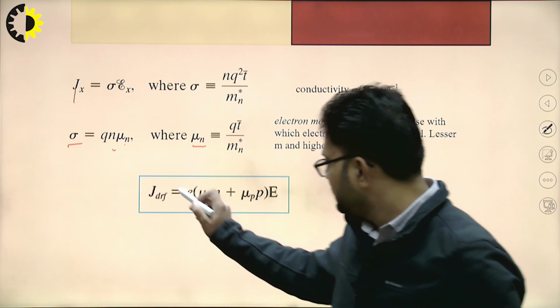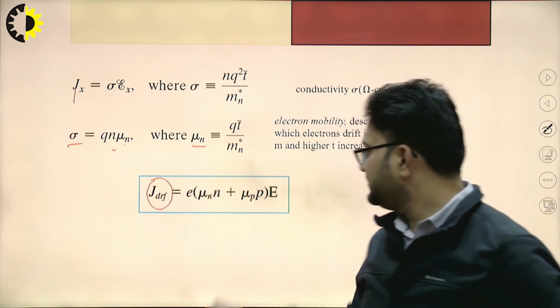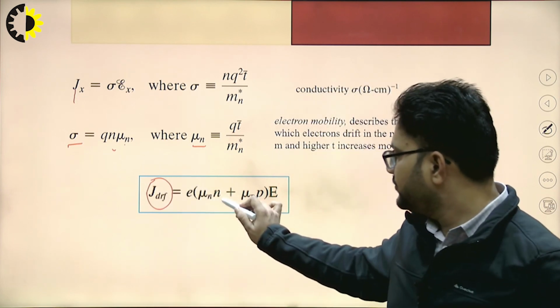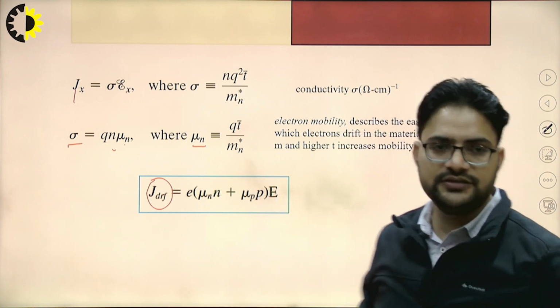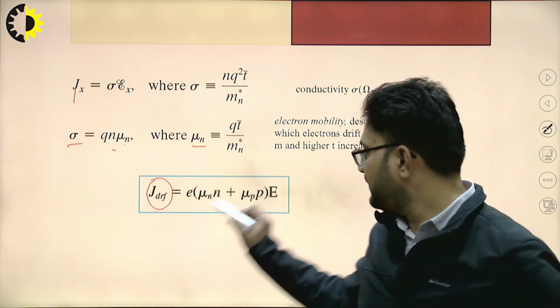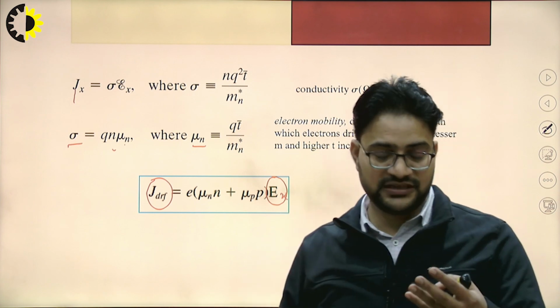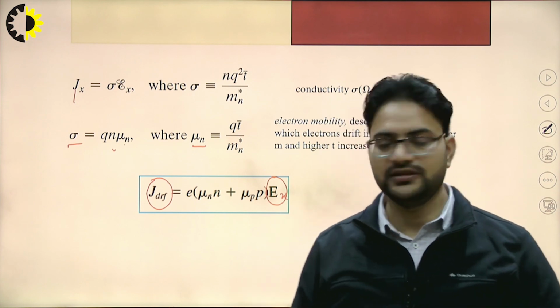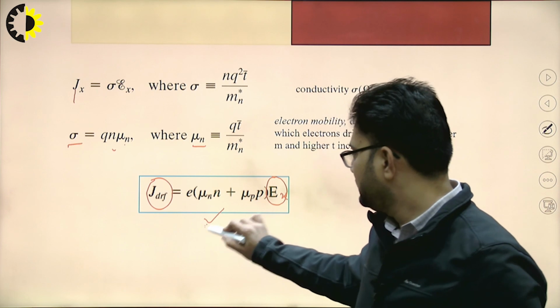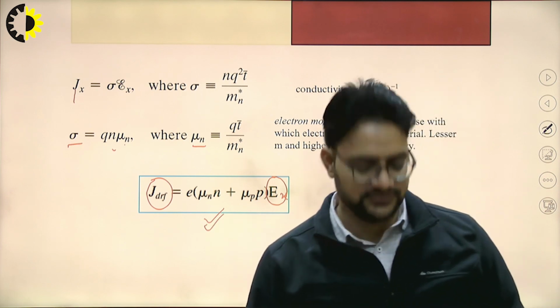So drift current density is equal to q into (mu n into n plus mu p into p) multiplied by E, that is, the electric field. So this is the net equation for the drift current density, right?